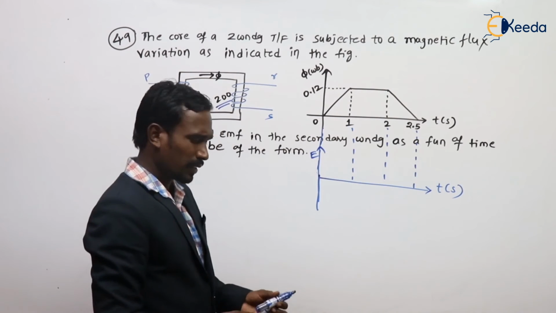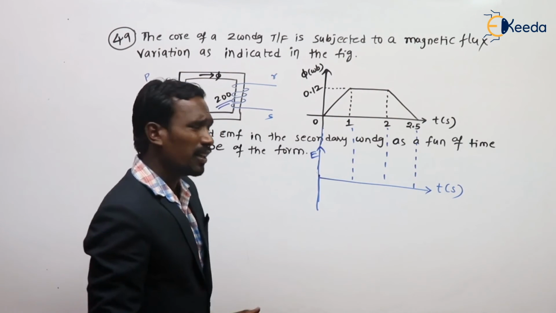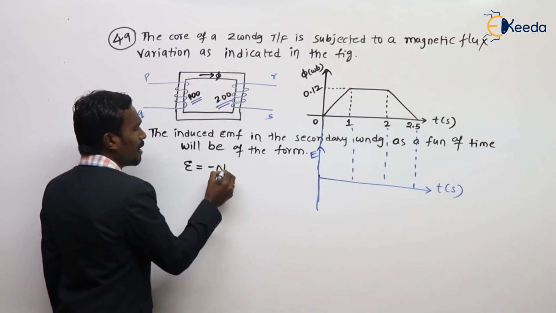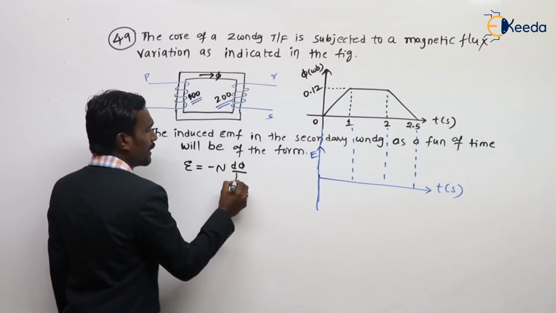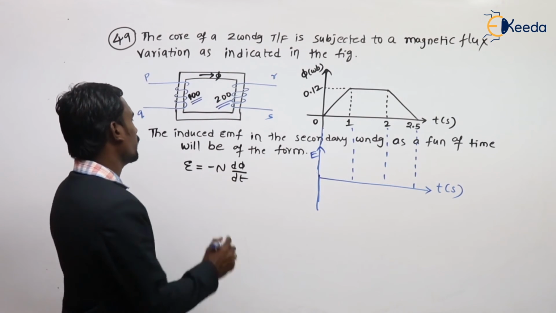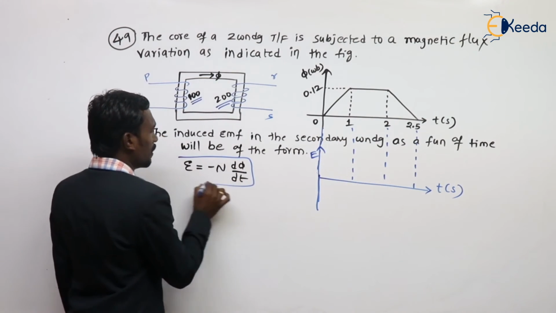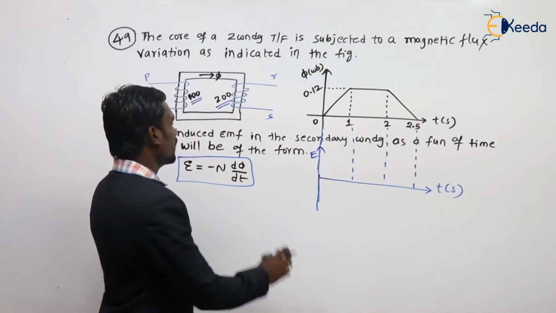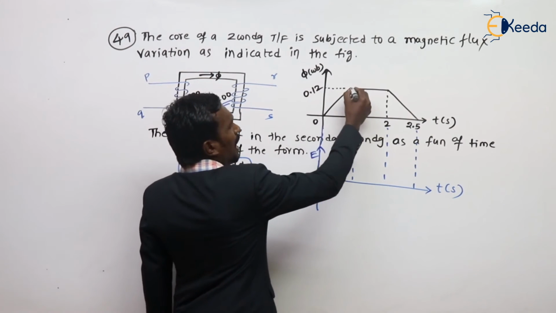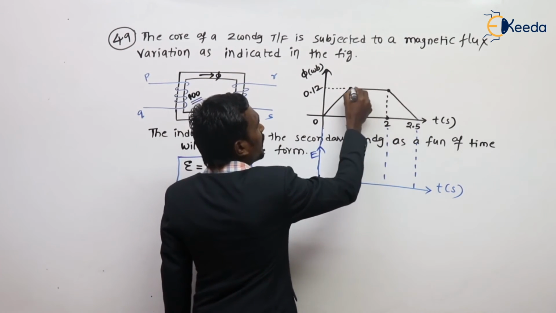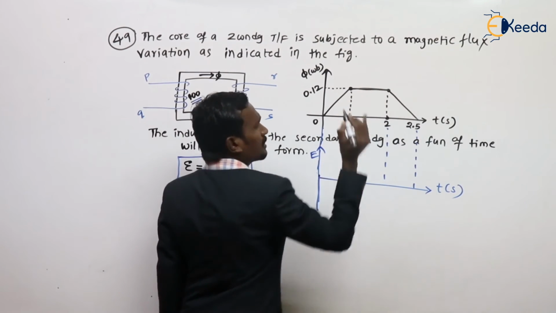Let's see. Generally, we know the formula: E equals minus N into d phi by dt. This is the formula for EMF to produce. See here, this is the flux, and from the first interval to the second interval, there is no change of flux.